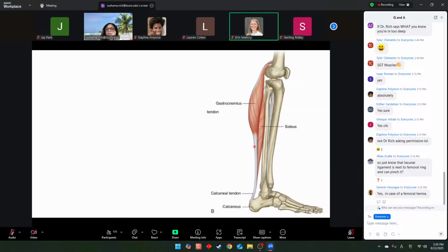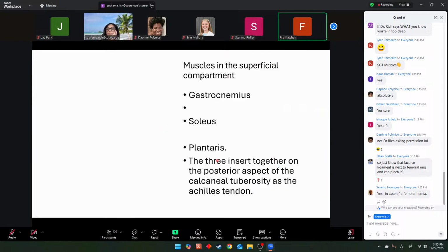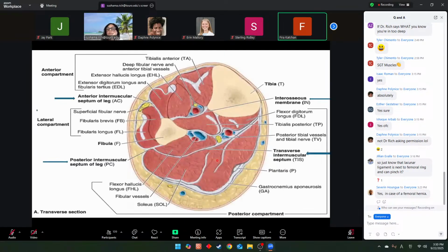Okay, thank you. Dr. Edge, a quick question regarding the cross-section picture. Would you say that the flexor hallucis longus gets its blood supply from the tibial artery or from the fibular artery? That's a very specific question.